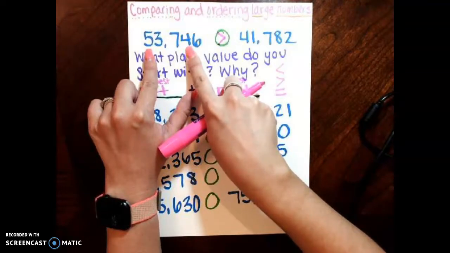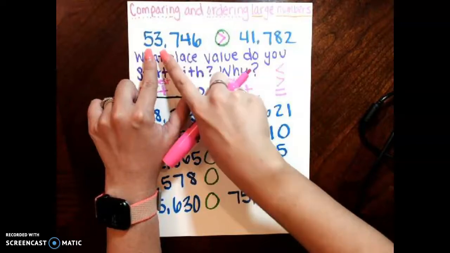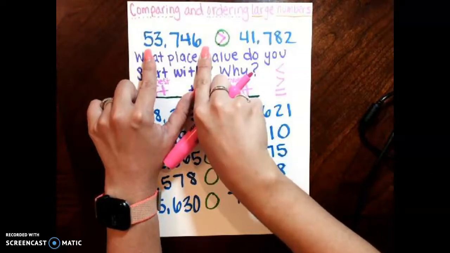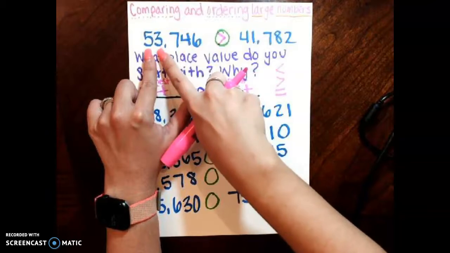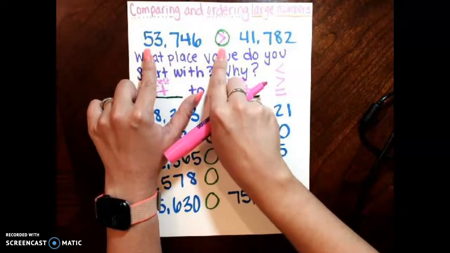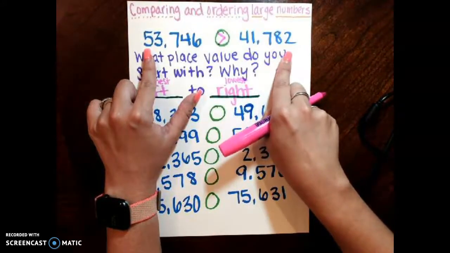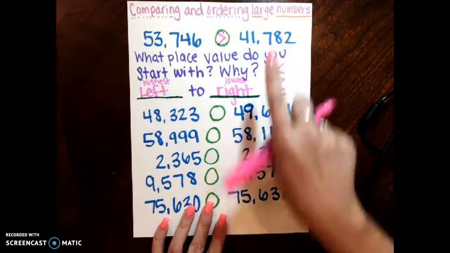My friends call this a Pac-Man. Some of them call it an alligator mouth. But it wants to eat more, so it's open towards the bigger number always. So 53,746 is greater than 41,782.